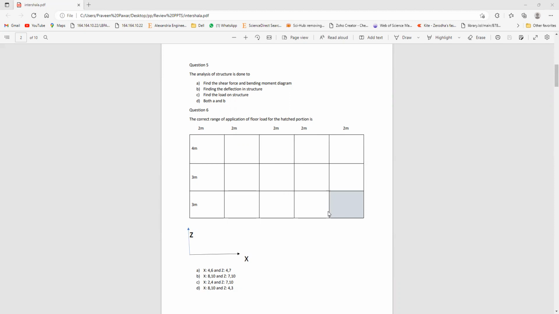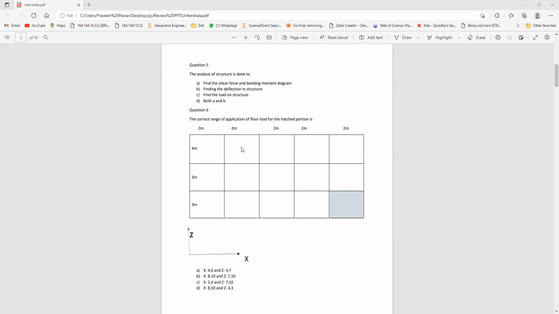Now this is our X and this is our Y. When we count along the X axis, 2 plus 2, 4, 6, 8. So 8 and 10. The X coordinate is 8 and 10. Option D is also 8 and 10, so either B or D is a solution.